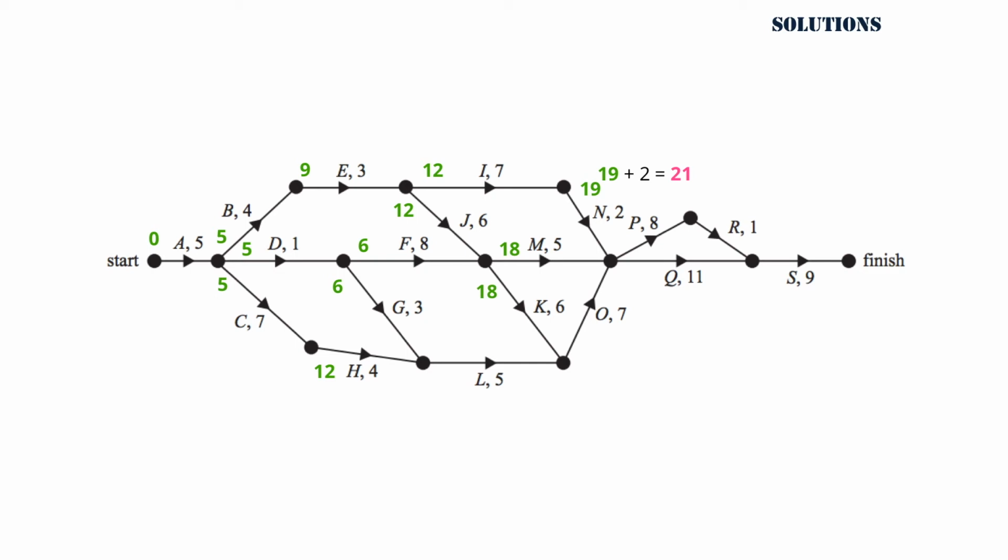For activity L, we need to choose the highest number from activities G and H, and that is 16. For activity O, we also need the highest number coming from activities K and L, which is 24.